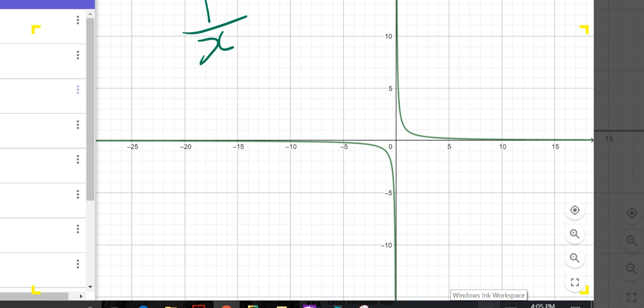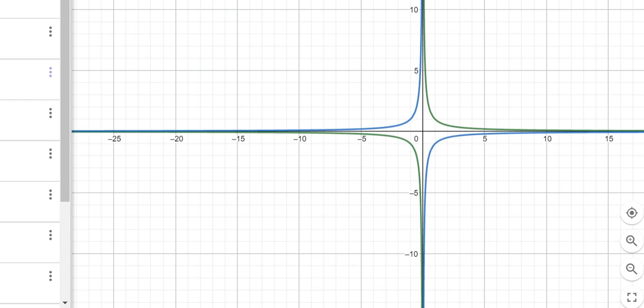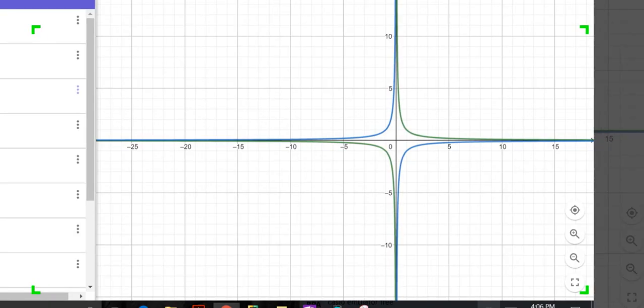What I want you also to remember, and we have discussed that, is that when I have minus 1 over x, then my sketch is occurring. This function is 1 over x. This is minus 1 over x.